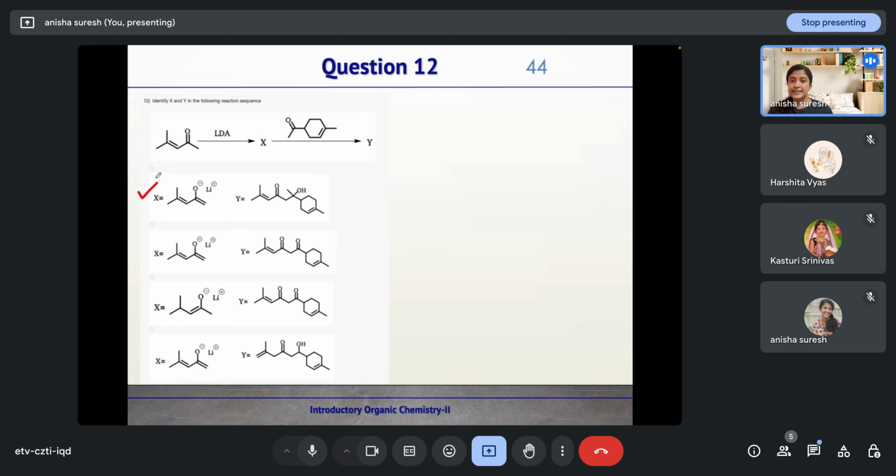So option A is the right answer. Majorly you have to work out each of the mechanisms so that it will be easier for you while attending exams. Most of the mechanisms are similar only.